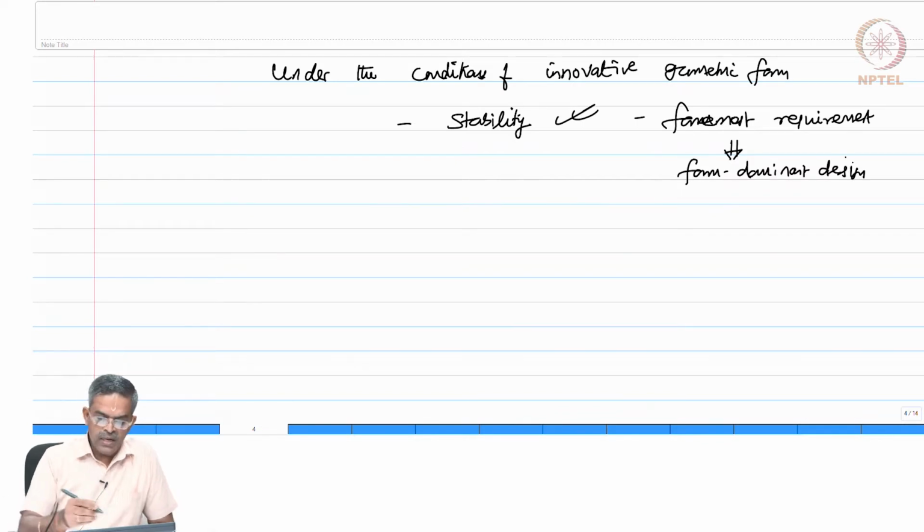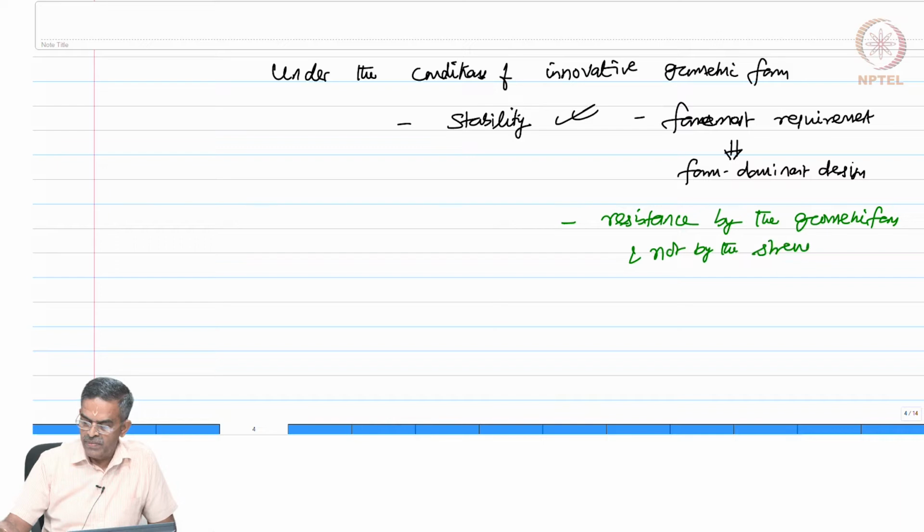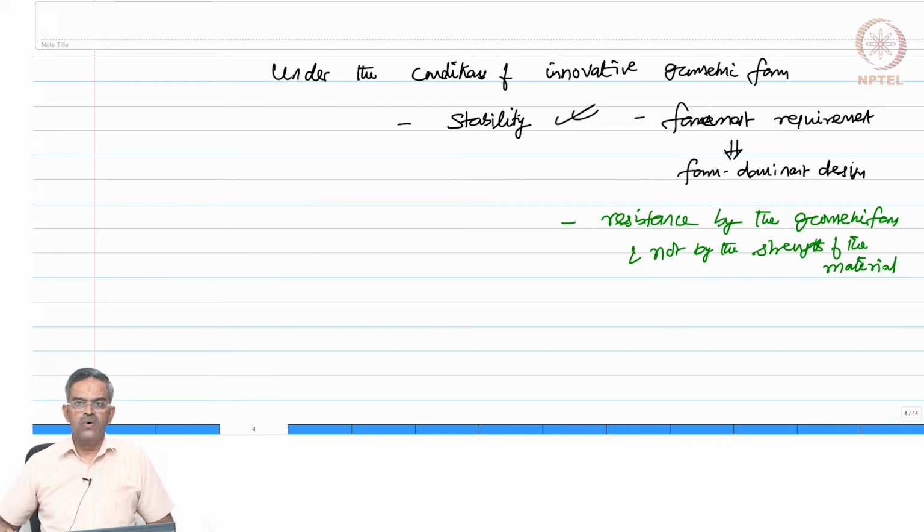So, friends, let us recollect, form dominant design is resistance by the geometric form and not by the strength of the material. So, when the geometric form has got to resist the applied loads, apart from being innovative, it should satisfy the stability requirements first.